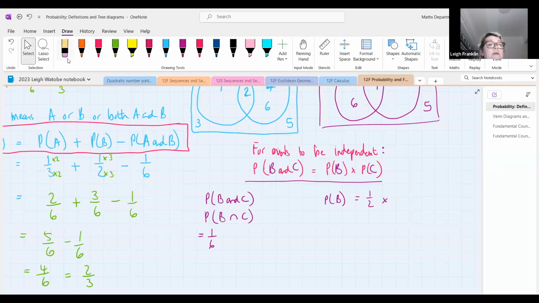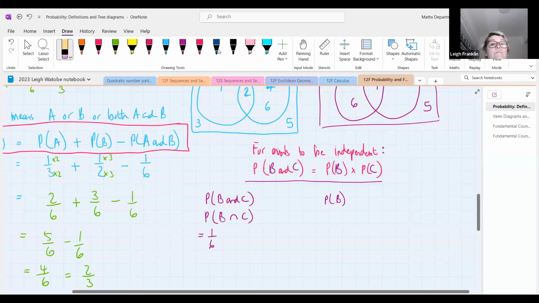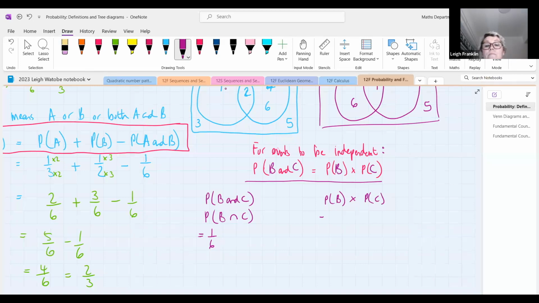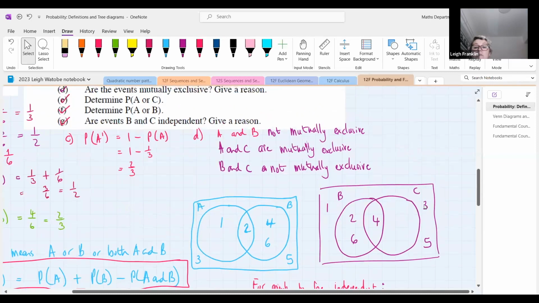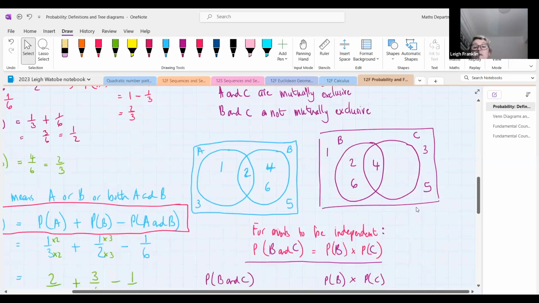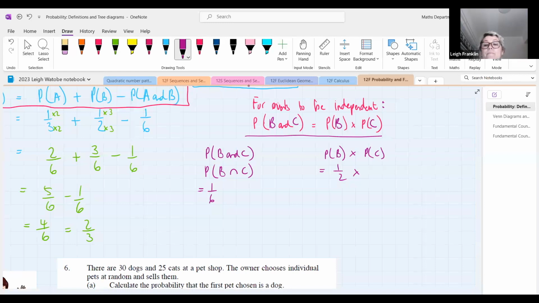Sorry, let me just set this out a little bit better. The event C occurring is 1 in 6. And when we multiply fractions, we'd just do it on our calculators, but we'd get 1 times 1 is 1, over 2 times 6 would be 12.